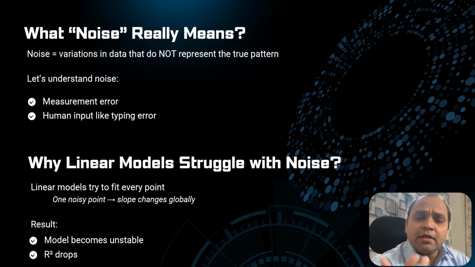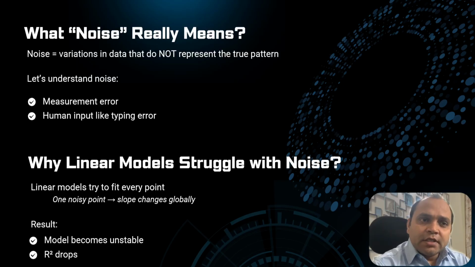Noise can come from many sources. It could be human error, wrong input data, null data, incorrect values, or missing values. If these problems exist in your data set, then your data set is noisy.